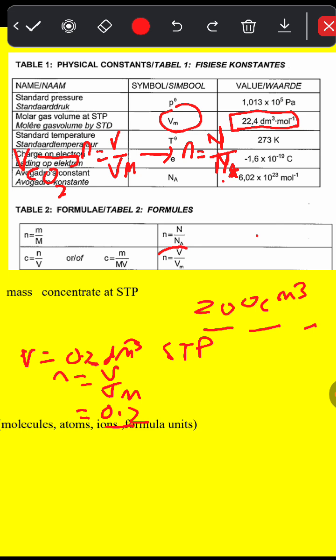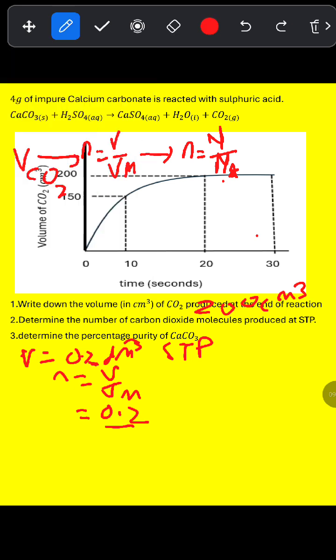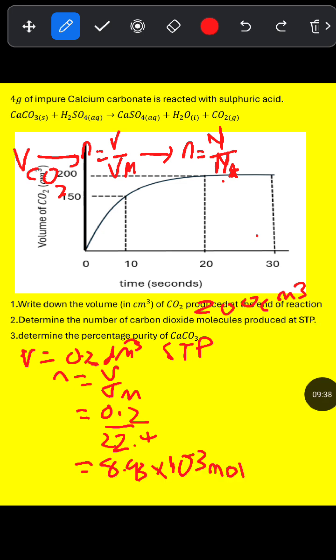Okay, so the formula is this, and then Vm is this value here. That is the molar volume that I'm going to use. So the molar volume is 22.4. Right, so we got this number of moles. I wrote it in scientific notation because you don't need to round off the answer.